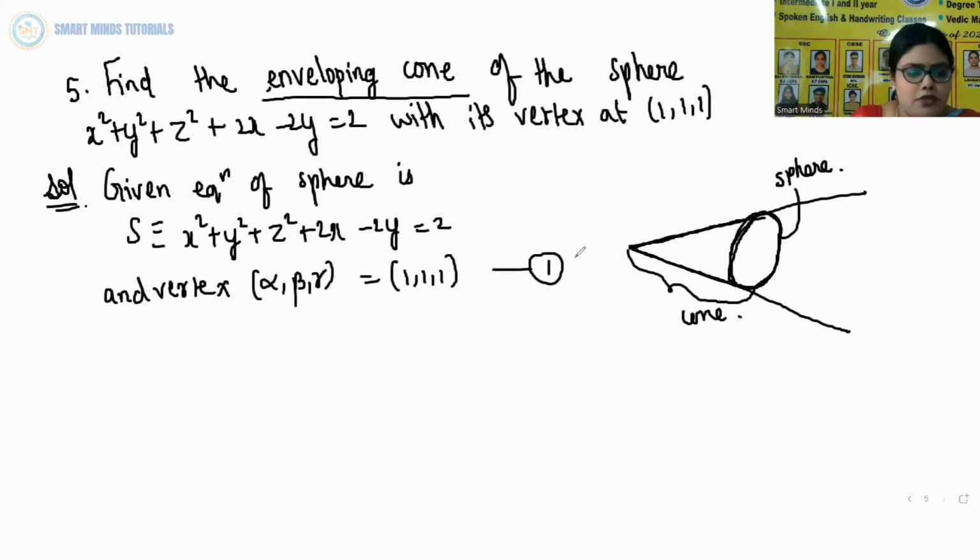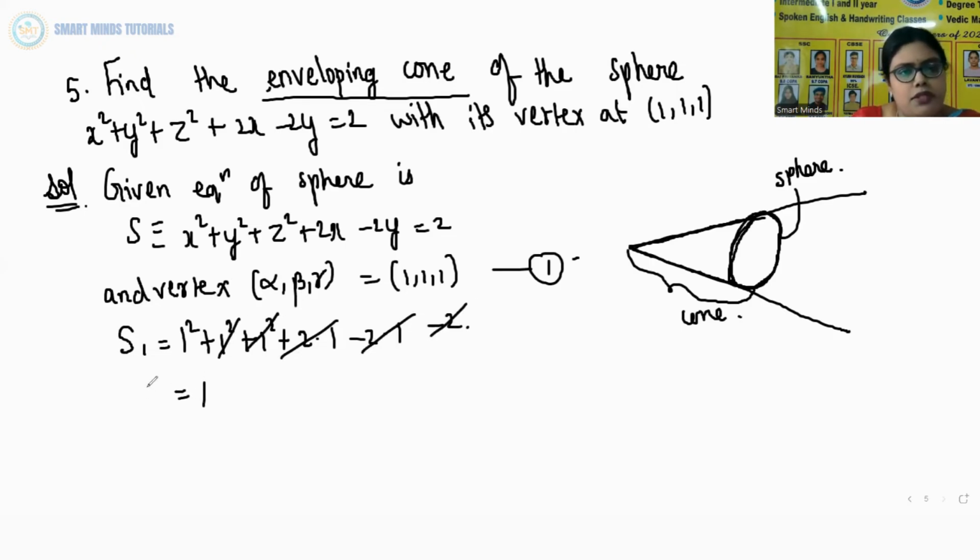Let's say this is equation number 1. Now what is S1? S1 is we substitute this 1, 1, 1 in the sphere equation. So you get 1 square plus 1 square plus 1 square plus 2 into 1 minus 2 into 1 minus 2. So plus 2 minus 2 cancel. Here 1 plus 1 is 2, minus 2 cancel. You are left over with 1. So S1 is equal to 1.